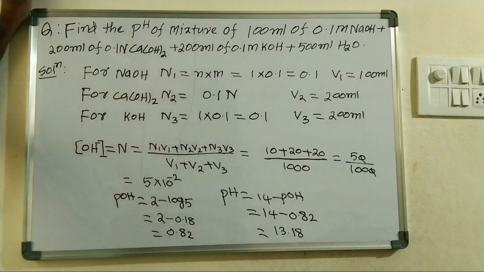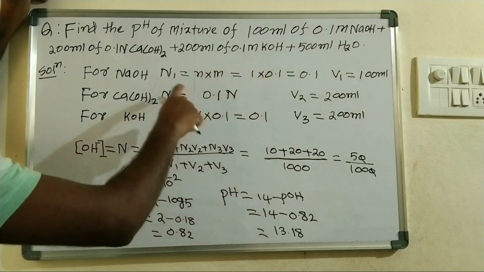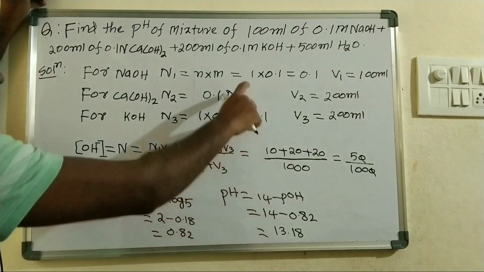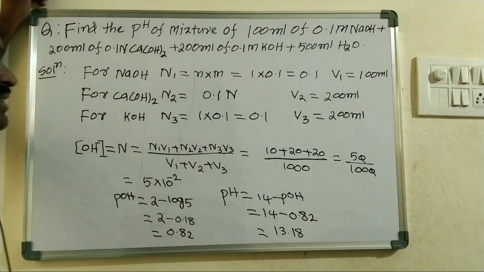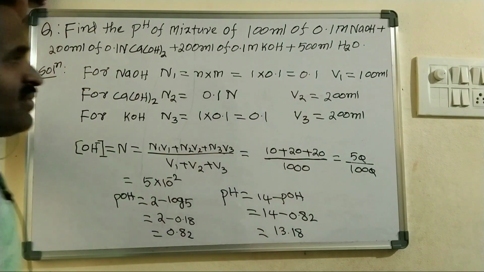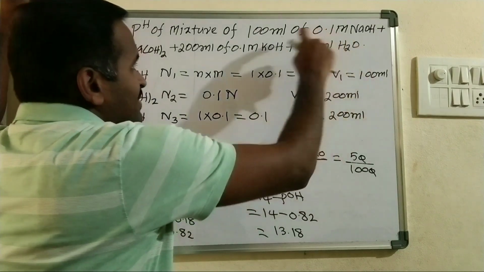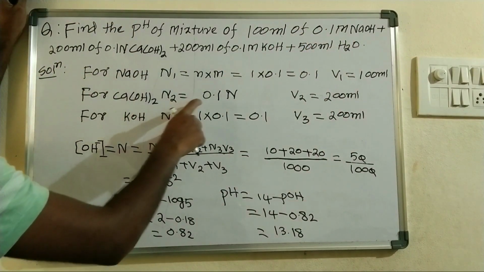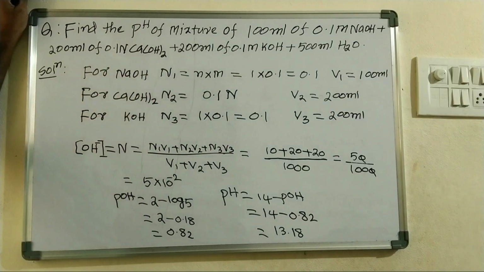For sodium hydroxide, molarity is given, so you can convert it to normality: N1 equals n times M, 1 into 0.1, that is 0.1, and its volume V1 is given as 100 ml. For calcium hydroxide, the normality is directly given as 0.1, and its volume is 200 ml.